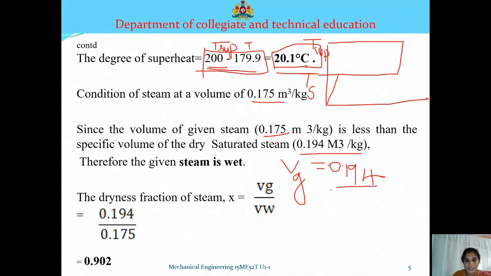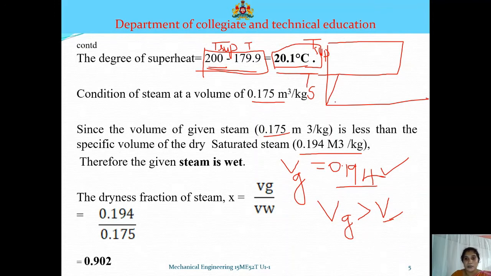Which is greater now? 0.194 is greater. Right. So Vg is greater than the given volume. The specific volume of the dry steam is greater than the specific volume of the given steam.